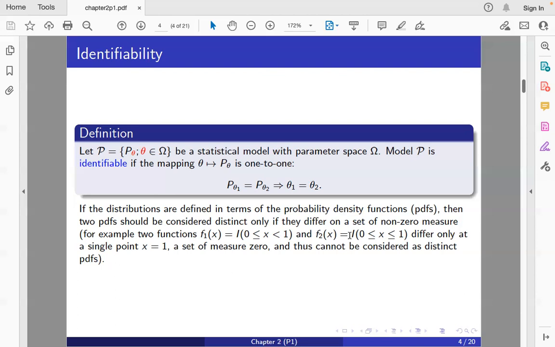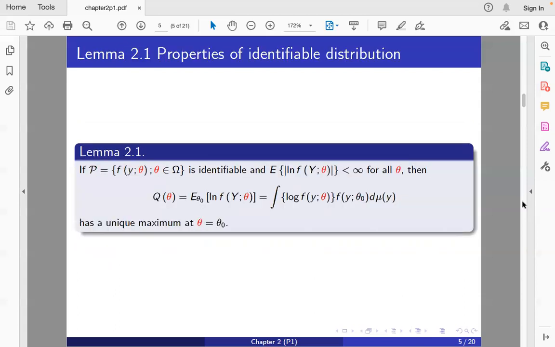So that's not really a problem. We only care, as a function of x, about the points with positive measure. So that is the basic idea about identifiability.